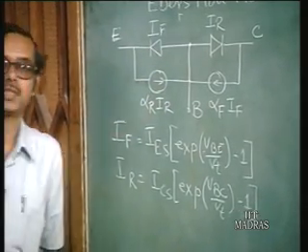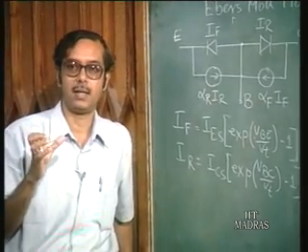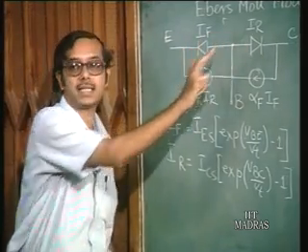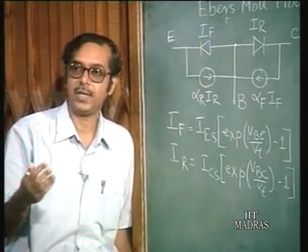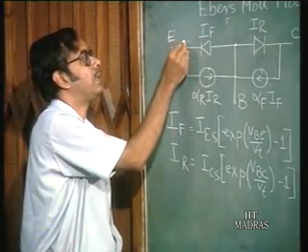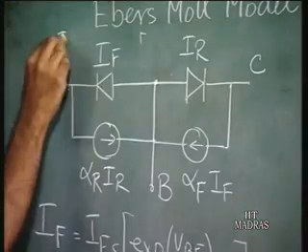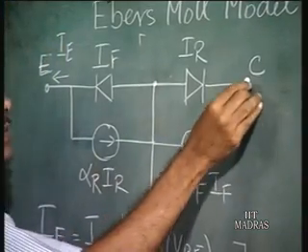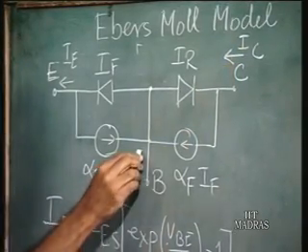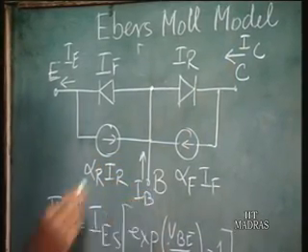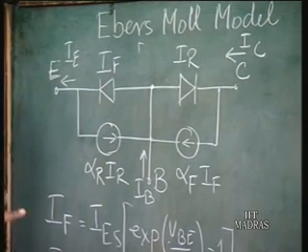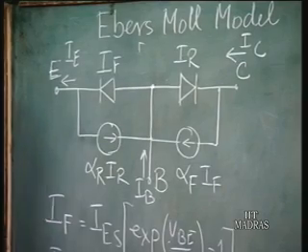The idea of this model is that if you know the applied voltages between the junctions, for example, the emitter base and base collector voltages, you should be able to evaluate the different terminal currents: the emitter current, which in a normal NPN transistor flows this way, IE, the collector current, which flows this way, and the base current, which flows this way. So, we should be able to evaluate the 3 terminal currents in terms of the 2 voltages, the emitter base and the base collector voltages.